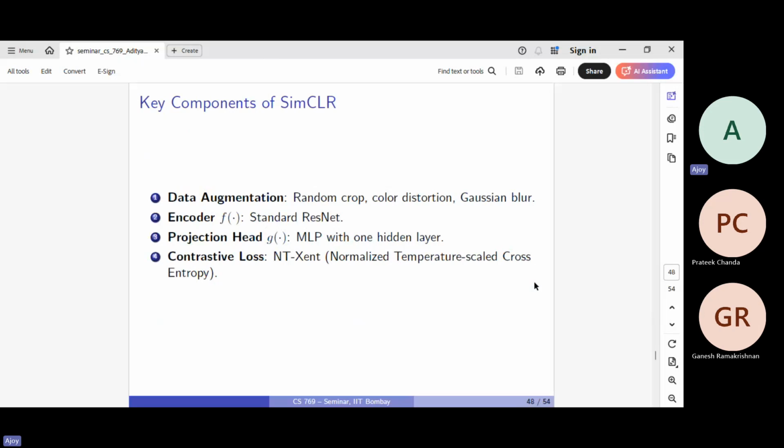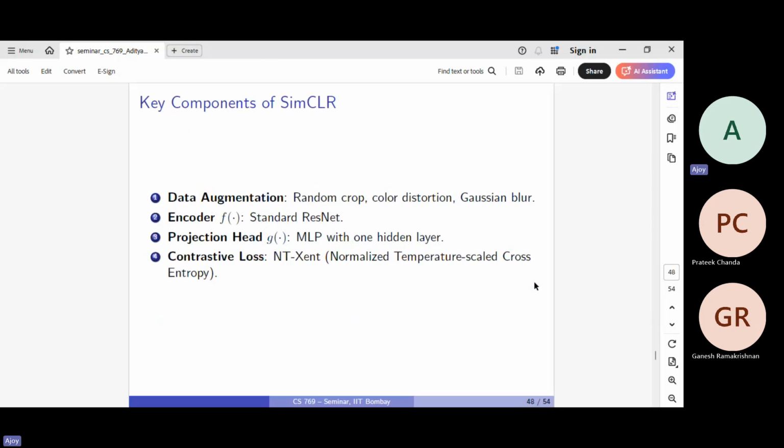The key components of this framework were data augmentation: very simple augmentation like cropping, Gaussian blur, color distortion. They use a standard ResNet as the encoder, and an MLP with one hidden layer to apply contrastive loss.